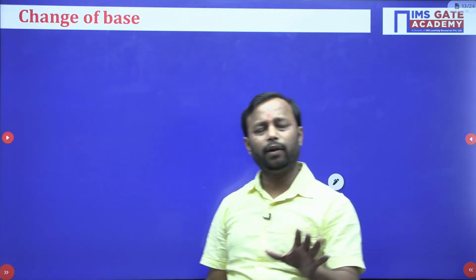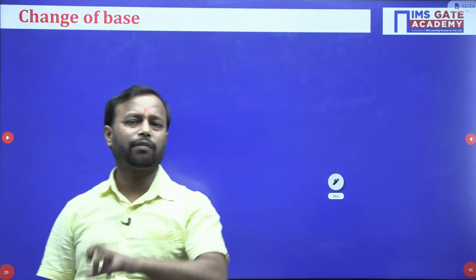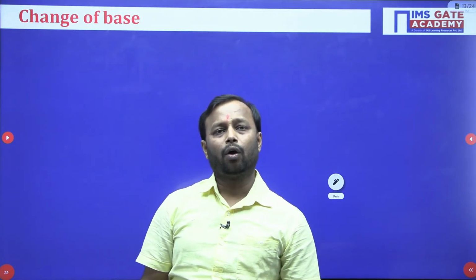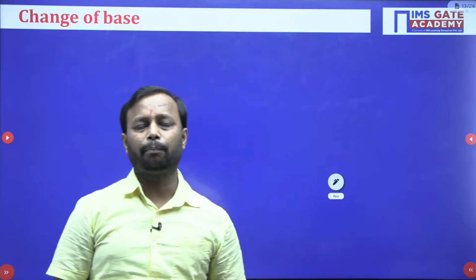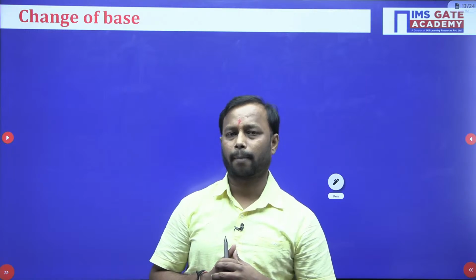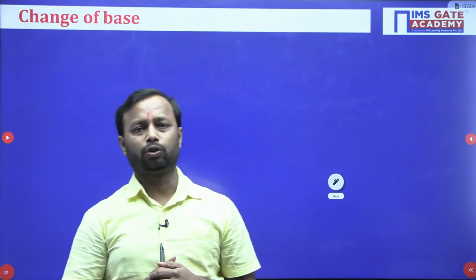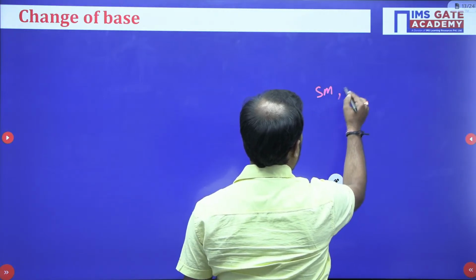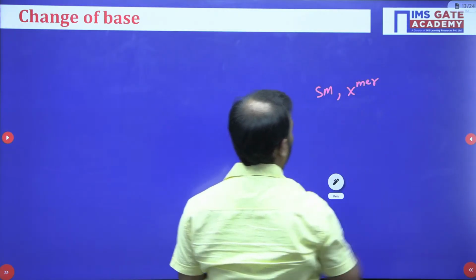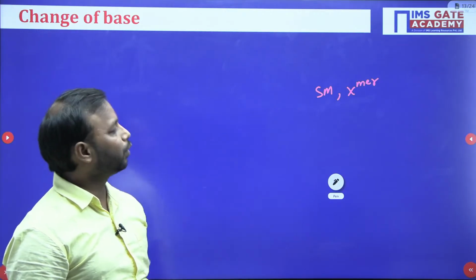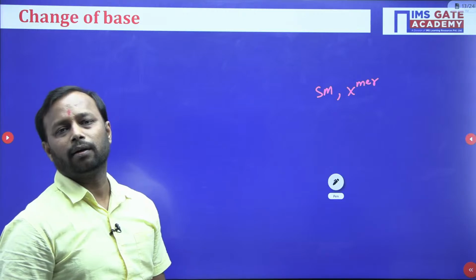So you are having so many devices, and each device is going to have its own rating, right? Then which rating should be taken as a base value? That is going to be one question mark. Which rating will we choose as a base value? Suppose you are having a synchronous machine and a transformer, then which rated value should we take as a base value?